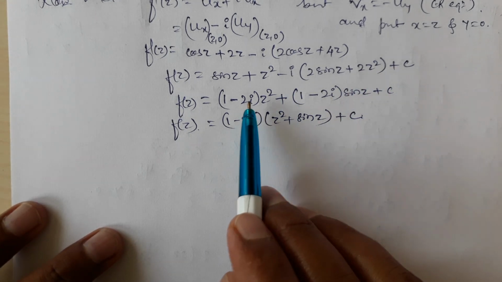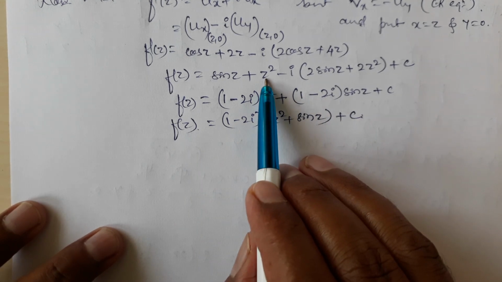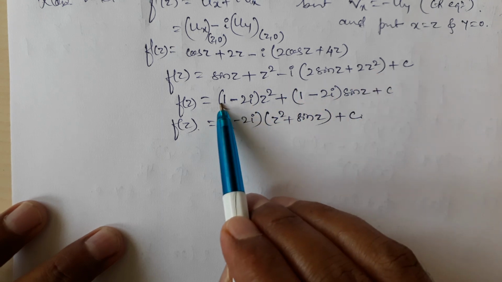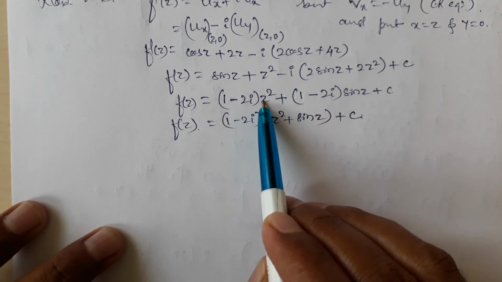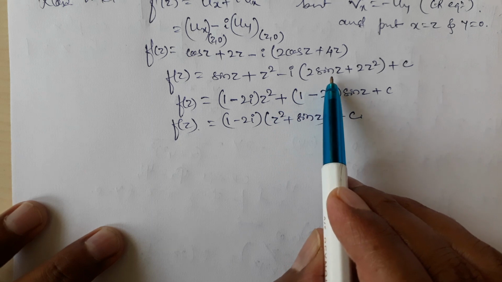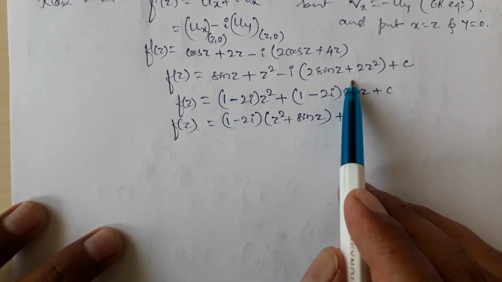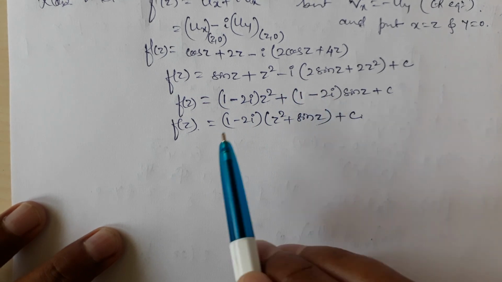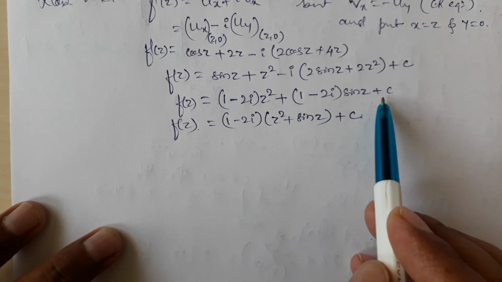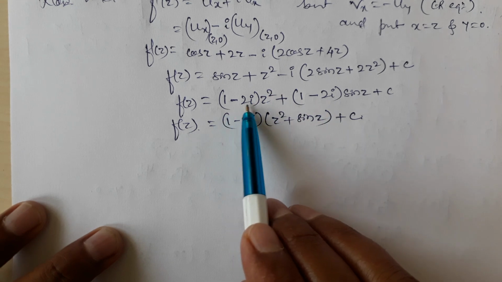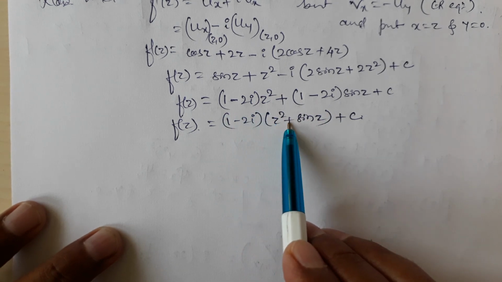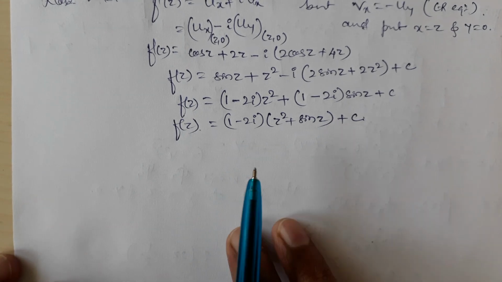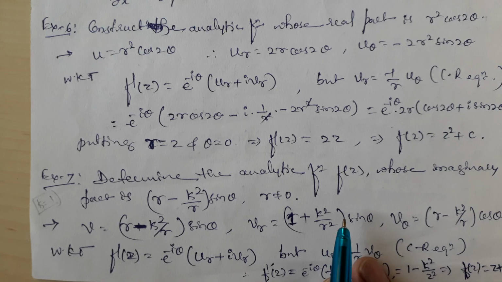Now here z square term is common, therefore z square I will take outside, 1 minus 2i, plus again sin z is common, therefore if I take sin z common, here 1 minus 2i, plus some integration constant. Again in these two terms 1 minus 2i is common, remaining is z square plus sin z plus some integration constant. This is the analytic function.